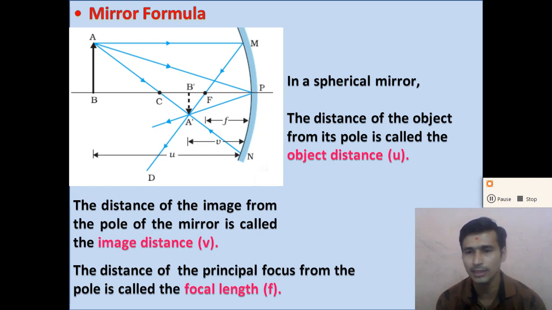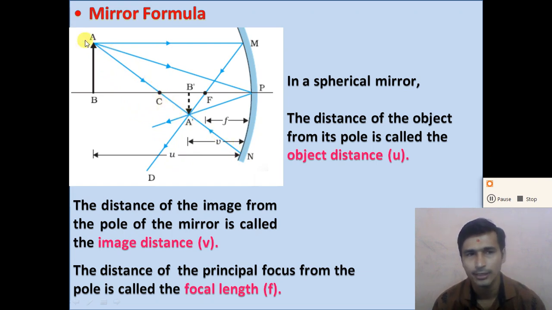So to obtain the image by a ray diagram, we consider three different rays emerging from A, right? First ray is a ray parallel to the principal axis, AM. After reflection, this ray passes through the principal focus. Second ray, if we consider the ray passing through the center of curvature, after reflection the ray is reflected in the same direction.